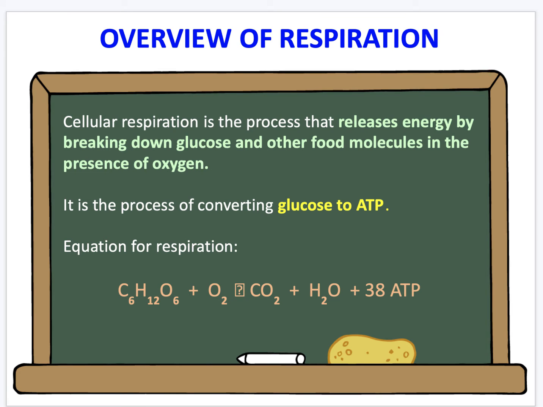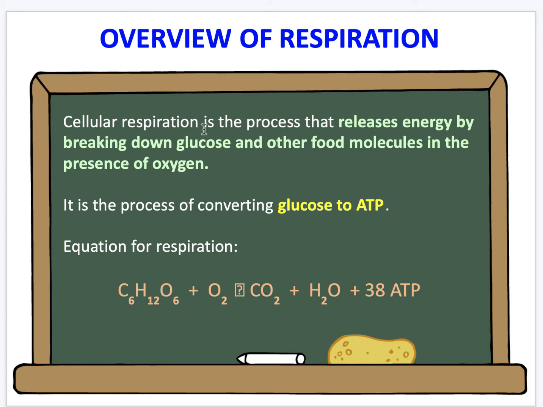Overview of respiration. Cellular respiration is the process that releases energy by breaking down glucose and other food molecules in the presence of oxygen. Because we breathe in oxygen. Where does this oxygen come from? For people, we breathe in the oxygen from the atmosphere, and then it travels from our lungs into our capillaries, into our blood system, and is carried through different areas of our body.